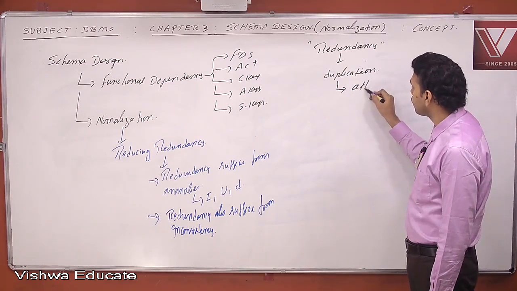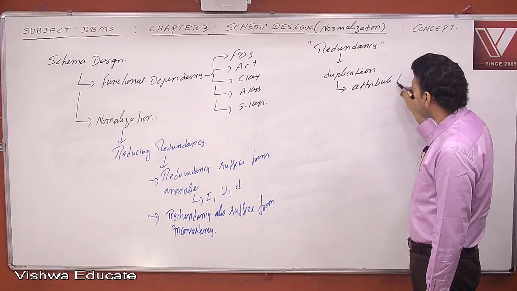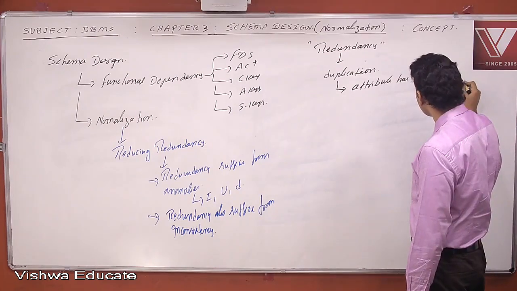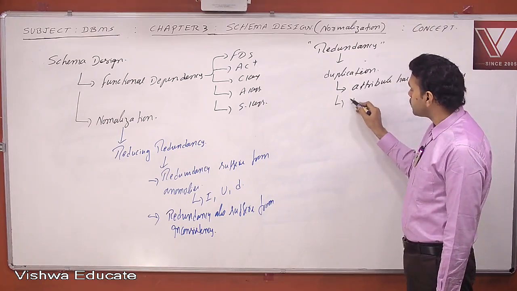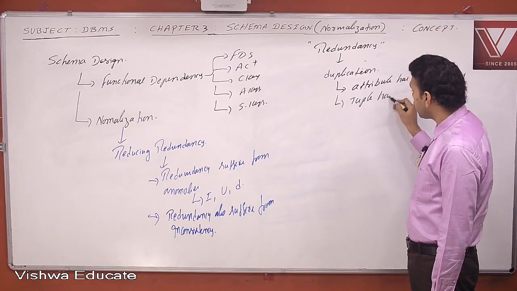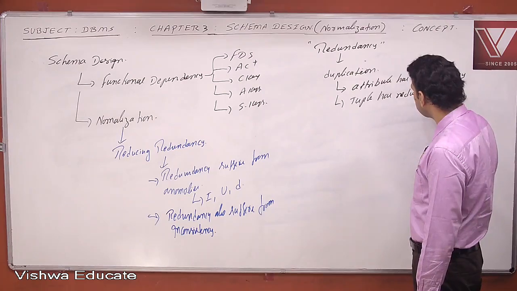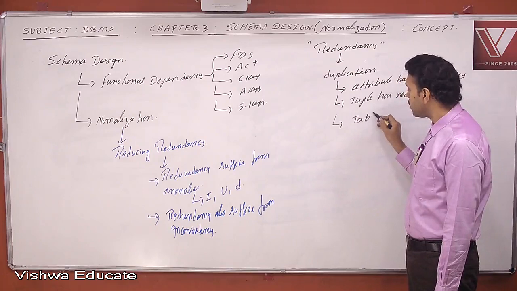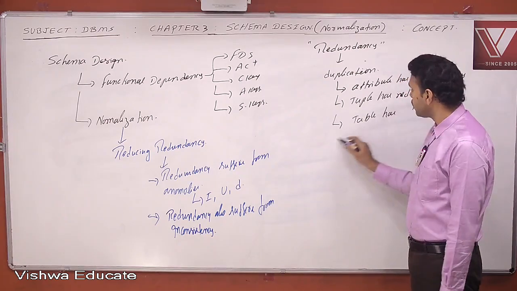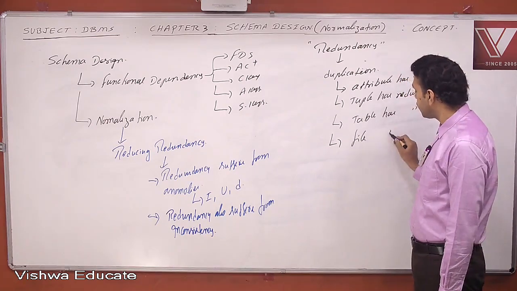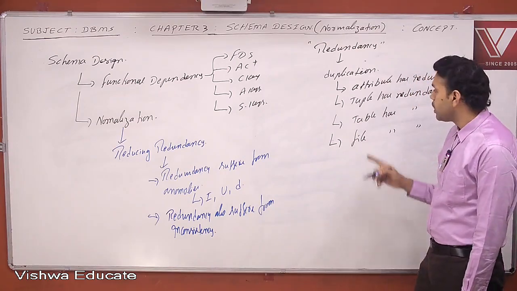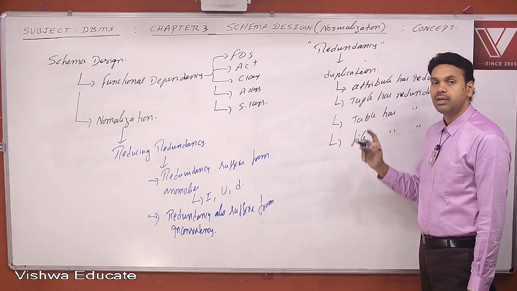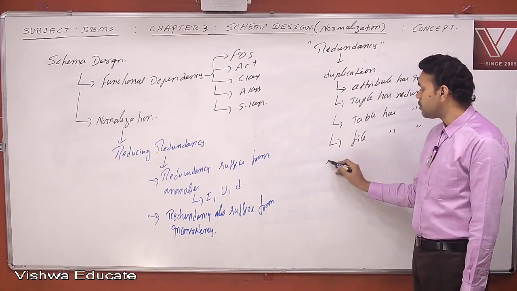One is attribute has redundancy. Two is tuple has redundancy. Three is table has redundancy. Fourth one is file has redundancy. Attribute level, tuple level, table level, file level.